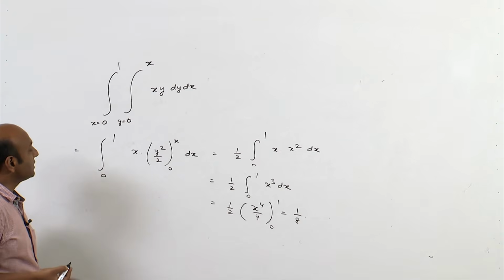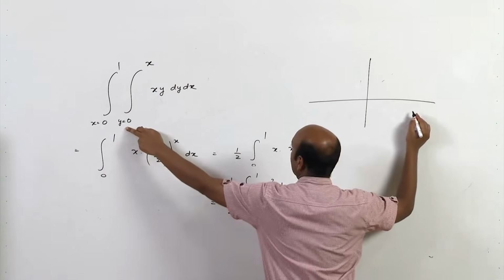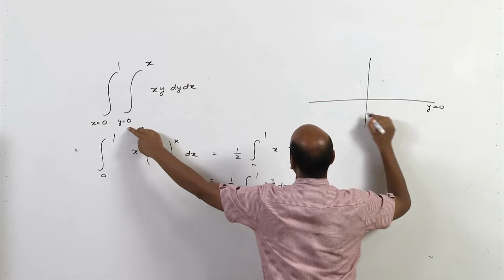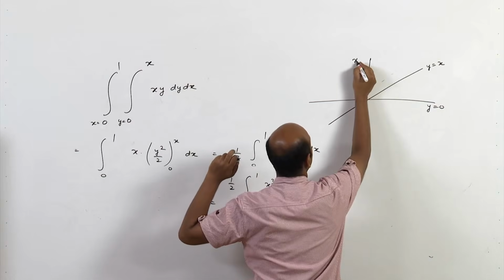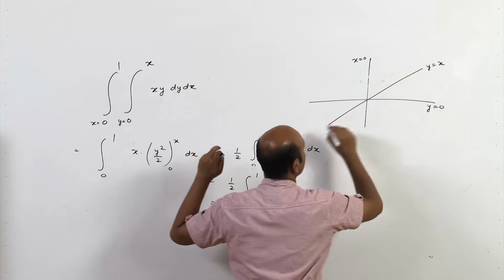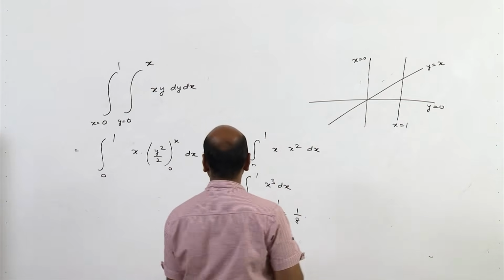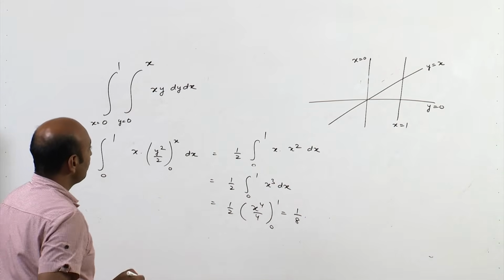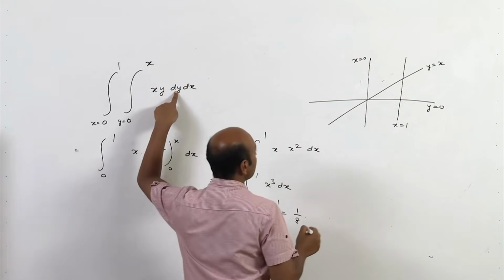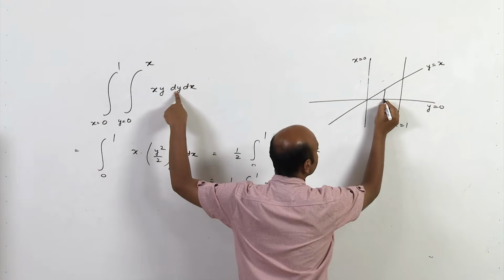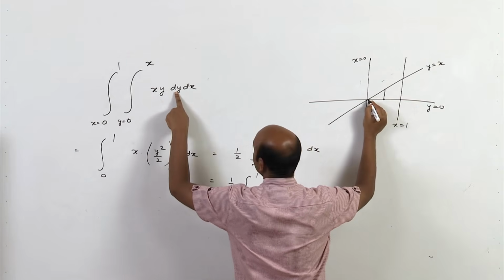Okay. Now, what does this represent basically? Let us see. Here y is 0, here y is equal to x, here x equal to 0 and x equal to 1, x equal to 1 means this line. So, which region are you having? You take a strip parallel to the y axis, dy is there. Here y is 0 and here y is x, and x is varying from 0 to 1.